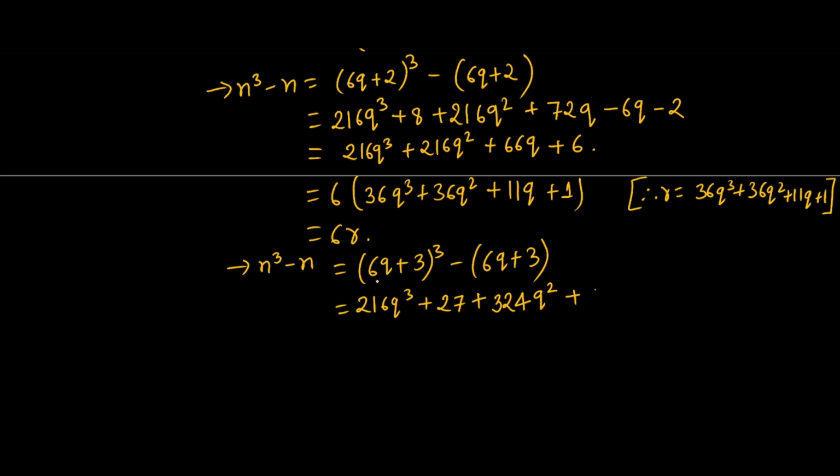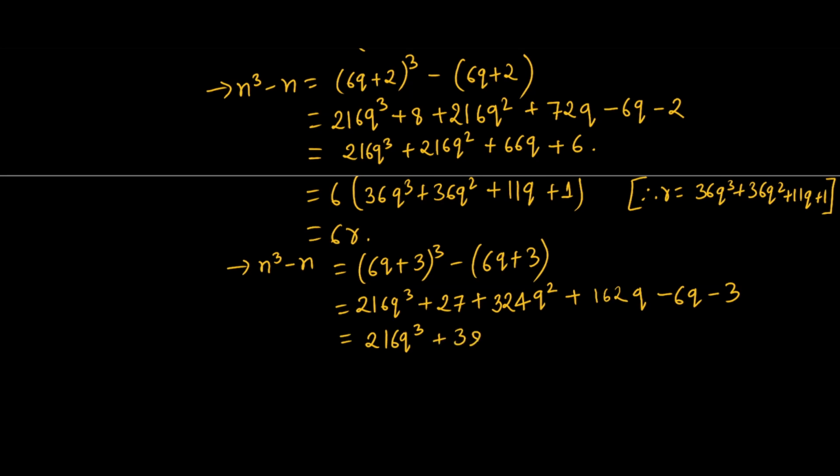So 3 times 6 is 18. 18 into 9, 162q minus 6q minus 3.